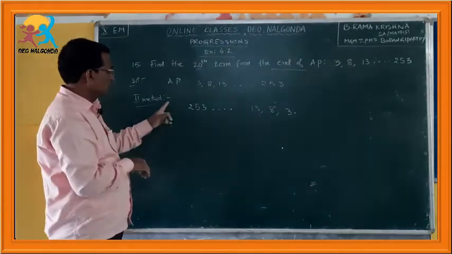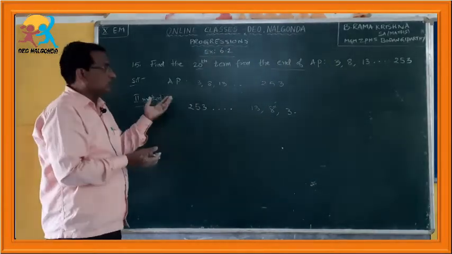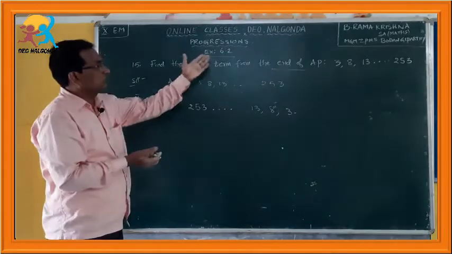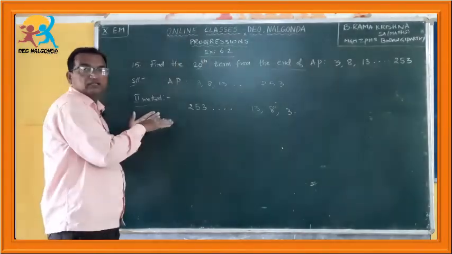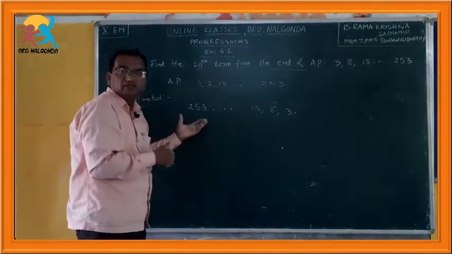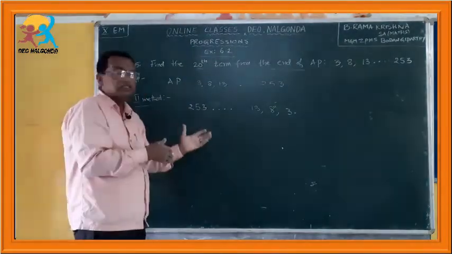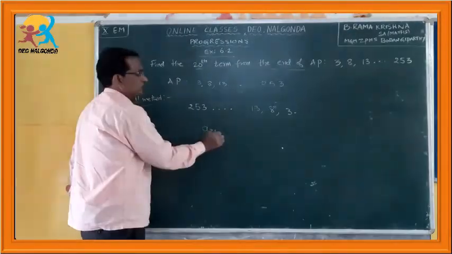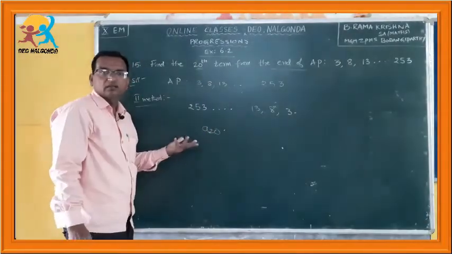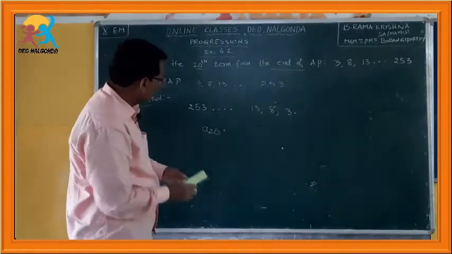Now, what happens? It is asking for the 20th term from the end, which means if I reverse it, I can find the 20th term from the beginning. So, in this progression, I need to find what? A20. That is all. You can directly find A20.